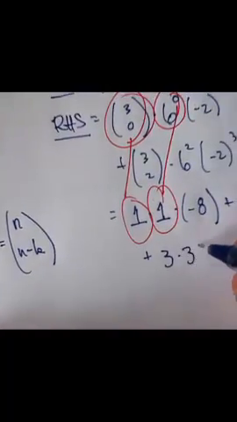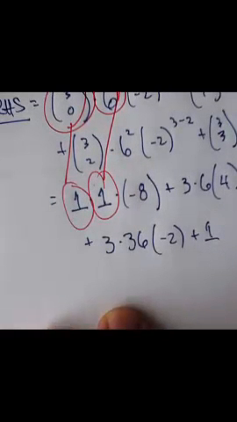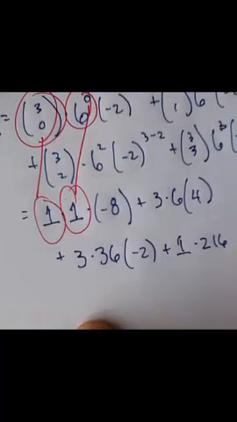6 squared is 36, times negative 2 to the first, which is negative 2. And finally we get 3 choose 3 is 1. 6 to the third is 216, and negative 2 to the 0 is just 1.